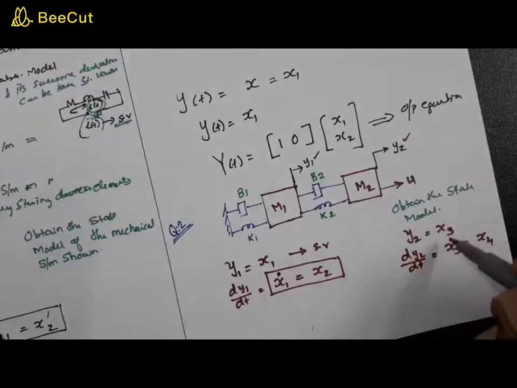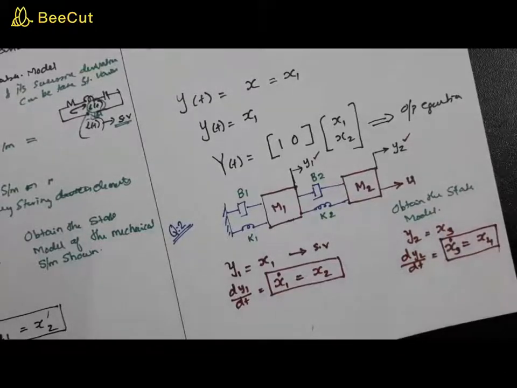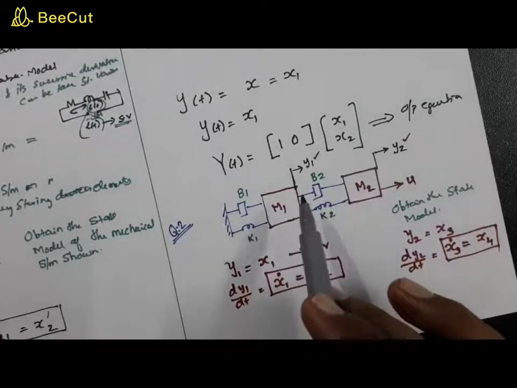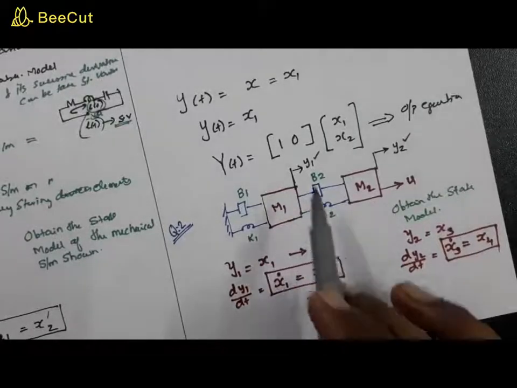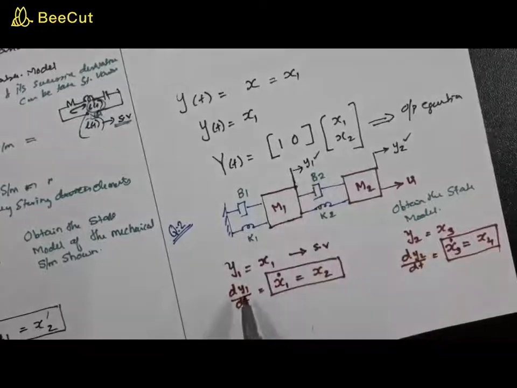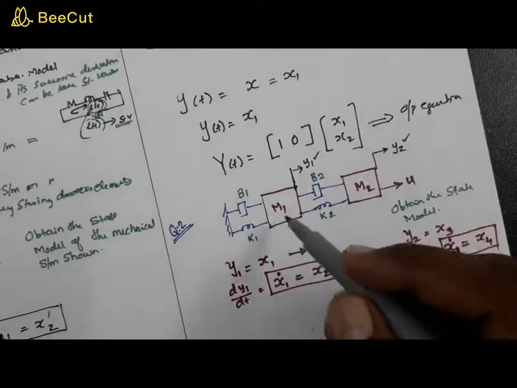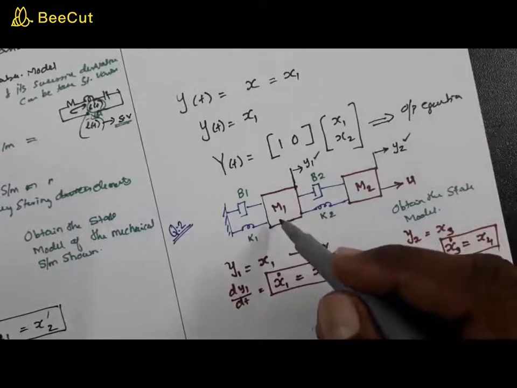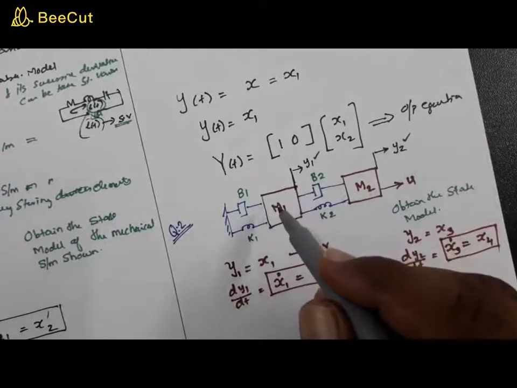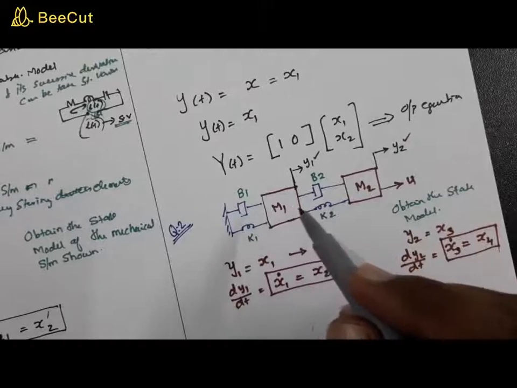So x3 dot is equal to x4. So from the two masses we have assigned two state variables each. One is its displacement and the other its derivative. Now why do you need this derivative? Because you know that when you write the equation for m1, that's going to give you a second order derivative.